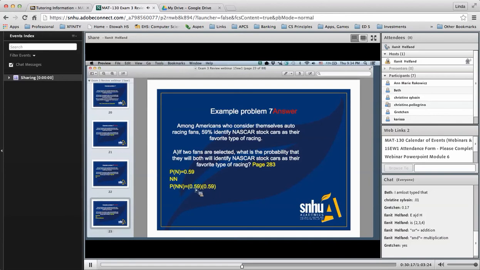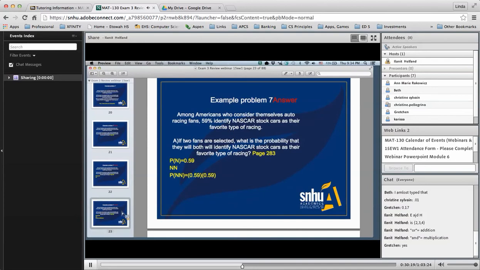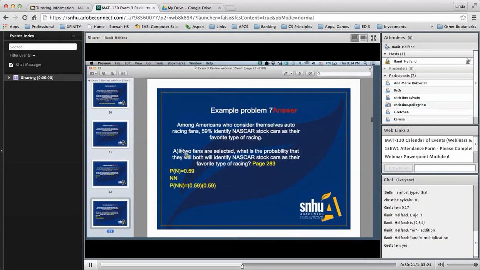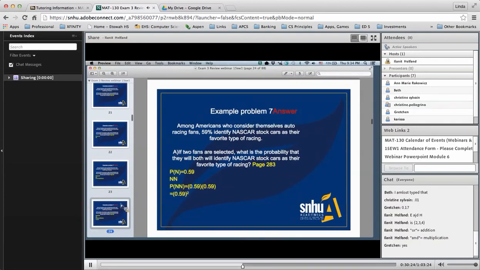Okay, so that's all I need to do. 0.59 times 0.59, right, which is 0.59 squared, which is 0.381. Okay, so I think the shorthand really helps you just see what's happening, right? Two fans, N, N. Then when I calculate the probability, each of those is going to give me a 0.59. Okay, so I just get 0.59 squared.